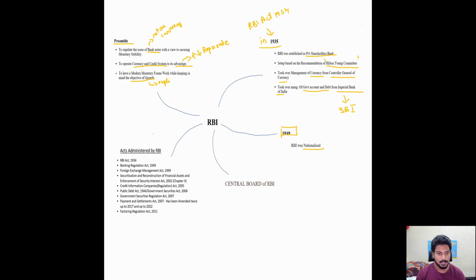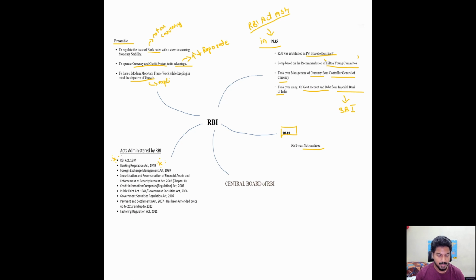Then let us look into the acts administered by RBI. So we have some important acts which we have to remember. So the first important act is the RBI Act of 1934, which we have already seen here. Then another important act is the Banking Regulation Act of 1949.